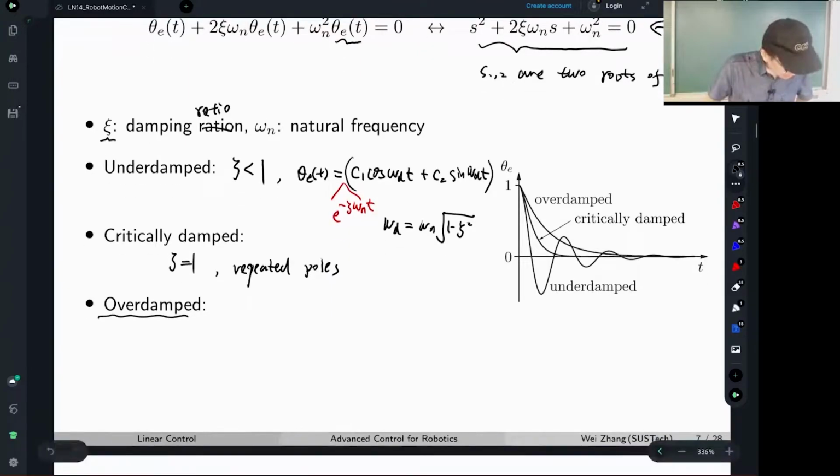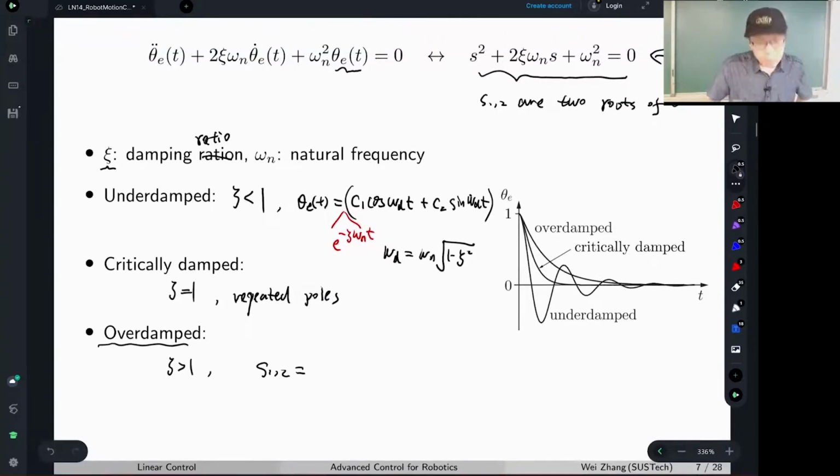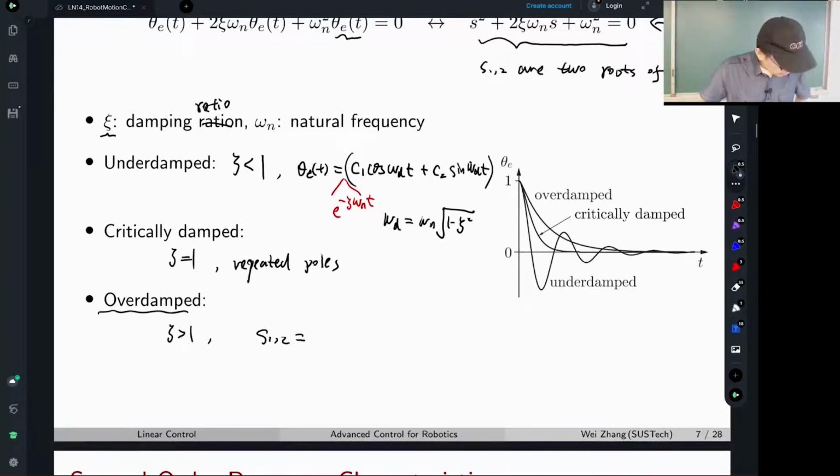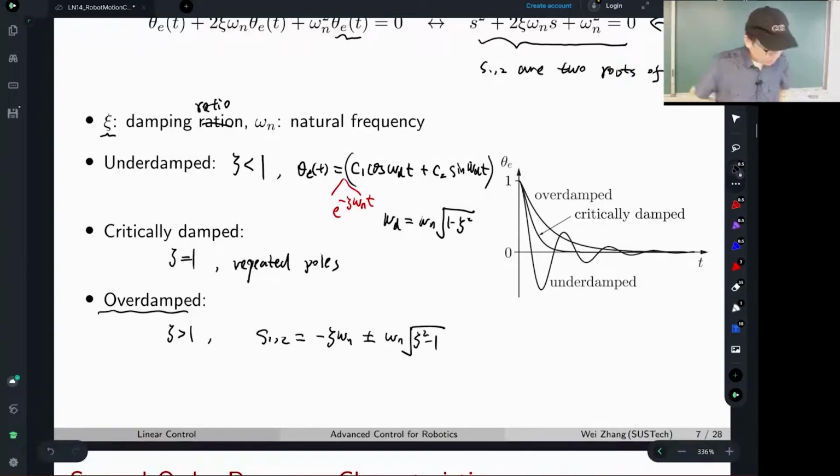This is the overdamped case, which is zeta bigger than 1. In this case, S1, 2, you have two real poles. Underdamped, you have two complex poles. The two real poles are negative zeta omega n plus minus omega n times square root of zeta squared minus 1.